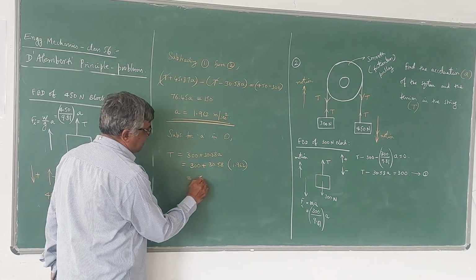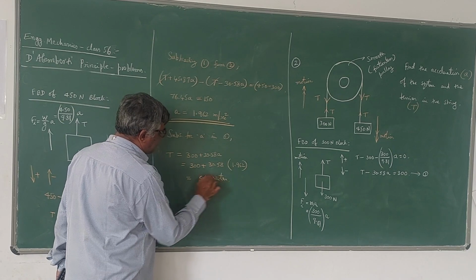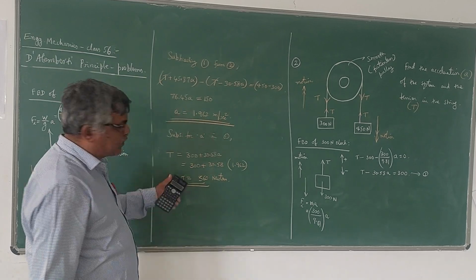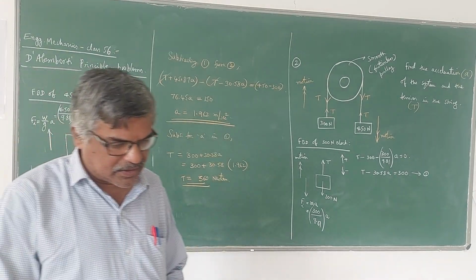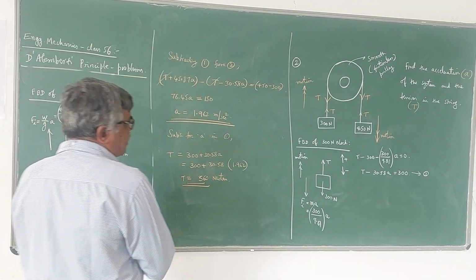So 360 Newton. So the tension in the string, which is the same on either side of the pulley, is equal to 360 Newton. So this is how we can solve problems by using D'Alembert's principle.